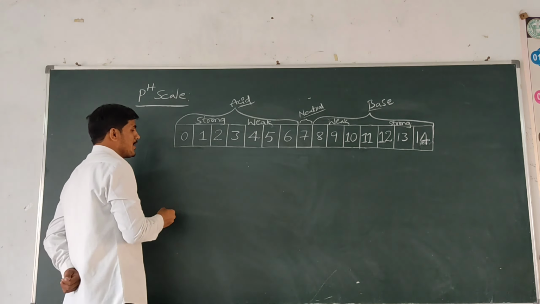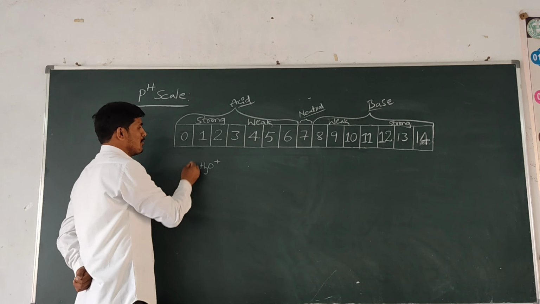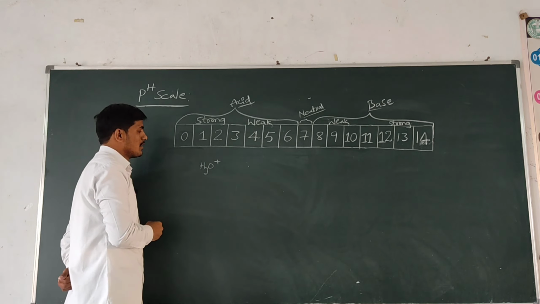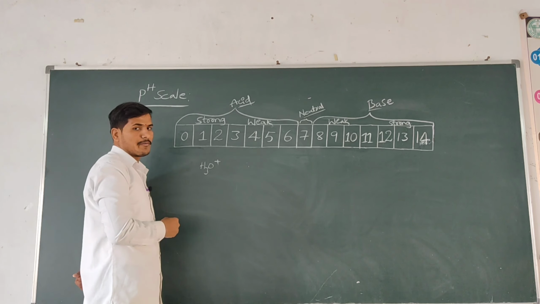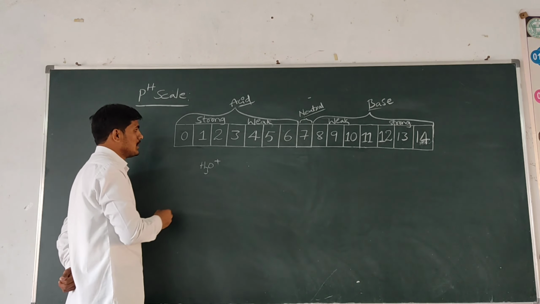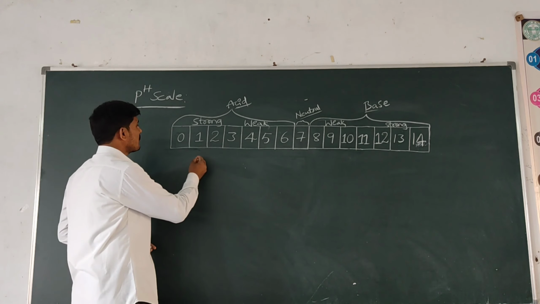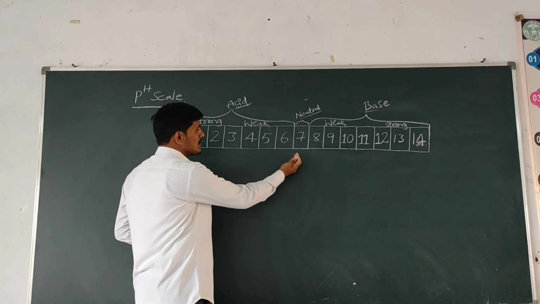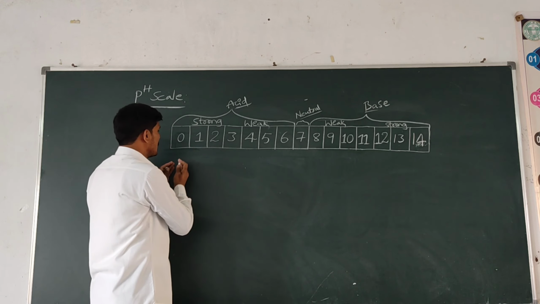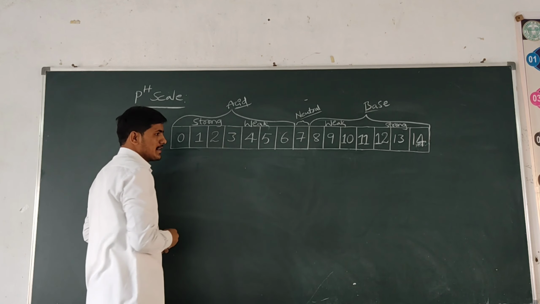When more hydronium ions are produced in a solution, it is said to be a strong acid, and when it produces fewer hydronium ions, it is said to be a weak acid. Now, when a solution has a pH value from 0 to less than 7, it is treated as acidic in nature.